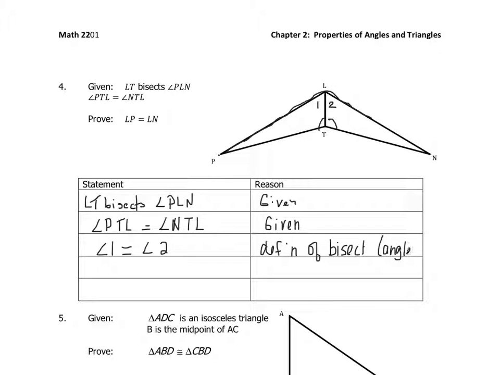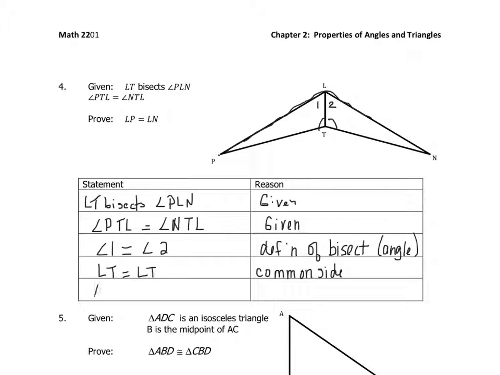When you bisect an angle, it cuts the angle into two equal parts. So angle 1 would have to be equal to angle 2. So now we have two angles matching up in the triangles. So we'd have to look for a side now, and the side that is matching up in both of them is the common side that they both share. LT equals LT. That's a common side.